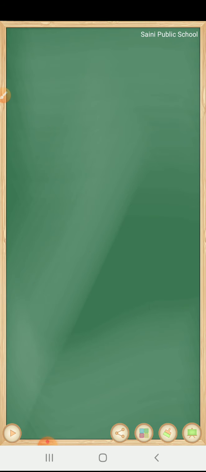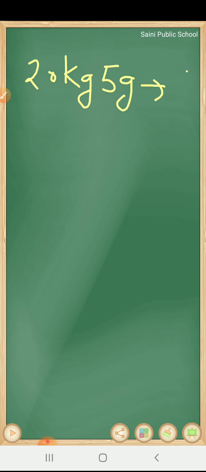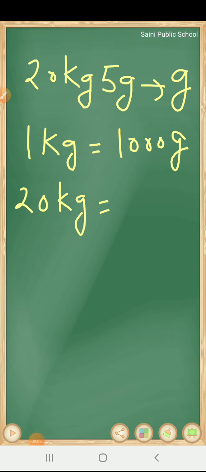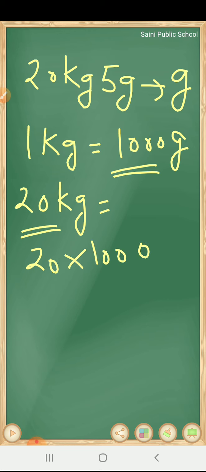Let us discuss one more example. Suppose we have 20 kilogram and 5 gram and we want to convert into a single unit, gram. So we know that 1 kilogram is equal to 1000 gram. So how much is 20 kilogram? 20 into 1000, as we have already discussed, it will become 20,000.